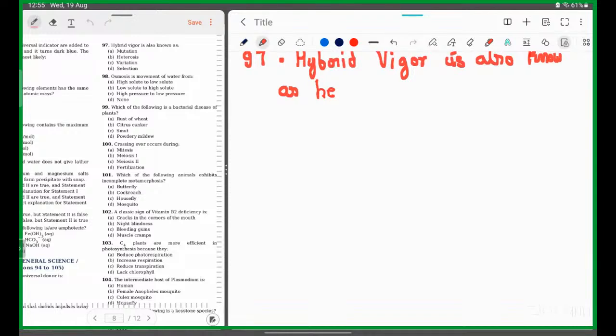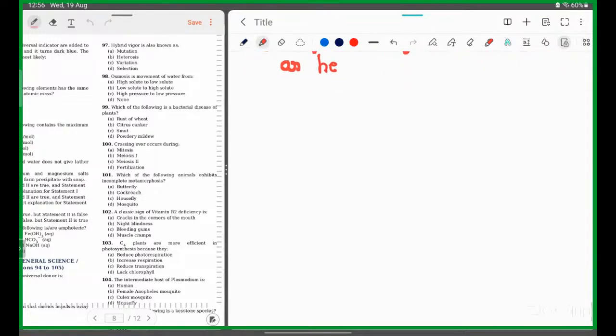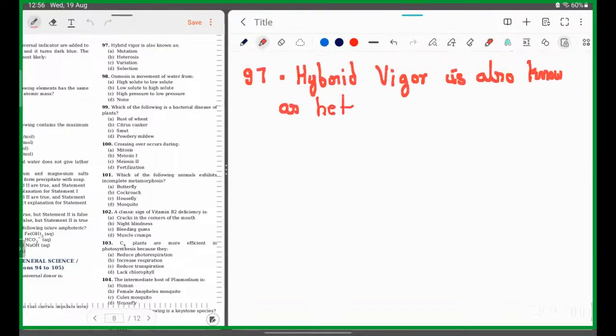So that is done one by one, so that the breeding of this seed is of superior trait, and that helps in better crop yield. So hybrid vigor is mostly done in agriculture, and it is also known as heterosis.